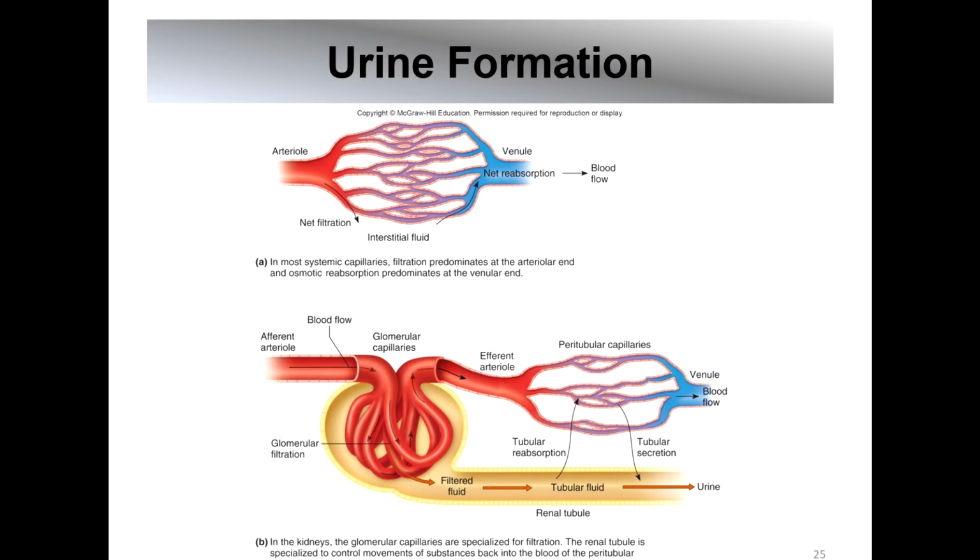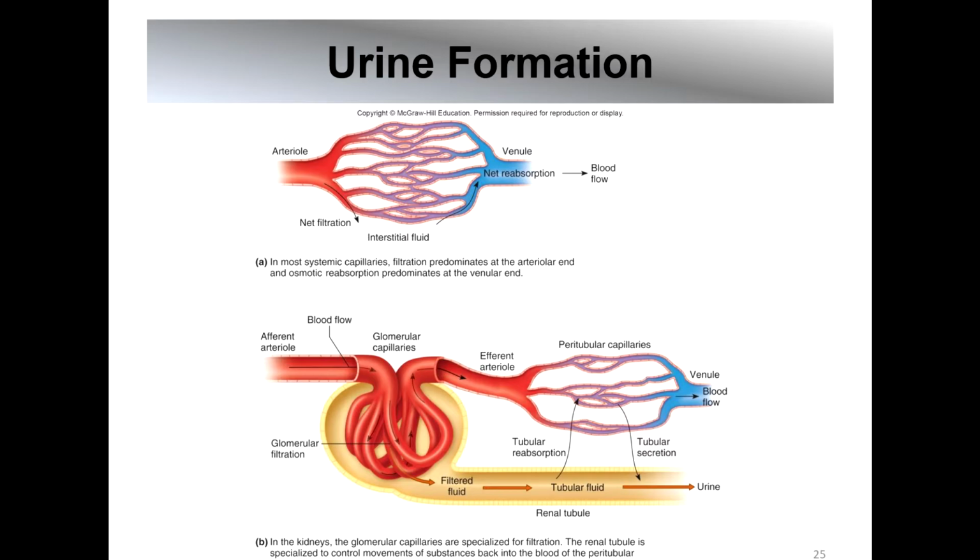All right, so up top you've got a normal capillary bed. This is a diagram of a normal capillary bed. You've got an arteriolar end and a venular end, and then in between are the capillaries where we exchange oxygen and nutrients and things like that with the interstitial fluid, pick up waste, and return that through venous blood flow. We all know this. Down here's the one that's new to us.